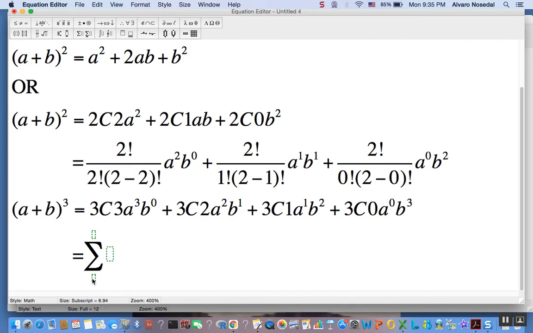Let me use y as our counter, as our index. So in this case, y goes from 0 to 3, and we have 3 choose 3, 3 choose 2, 3 choose 1, 3 choose 0.